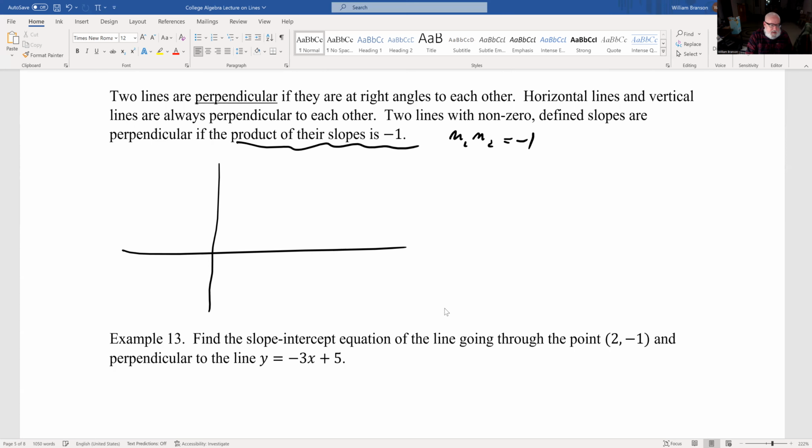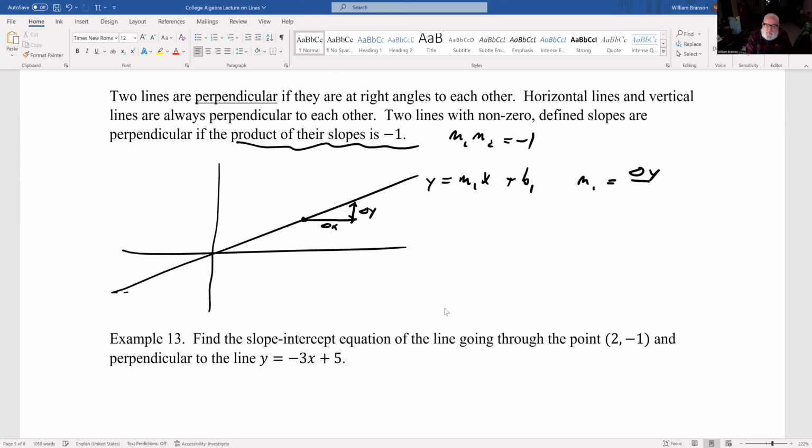So suppose I have a line and it's got a slope M1x plus some y-intercept. I'm not interested in the y-intercept. But M1 means if I pick a point, and this is my change in x, this is my change in y, little triangle means change in, M1 is the change in y over the change in x.